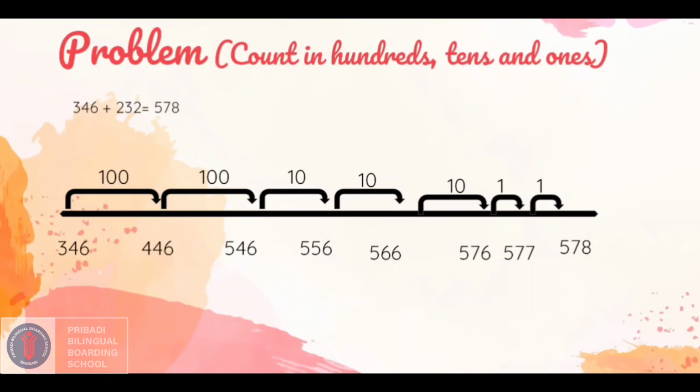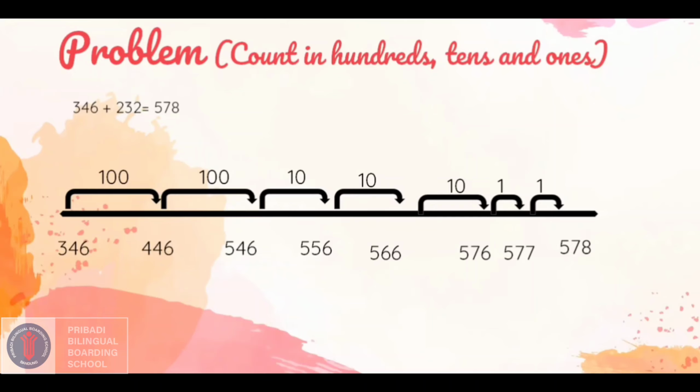Now, as we know that 232 has 2 hundreds, we stop the hundreds here, and then continue with tens. 546 plus 10 equals 556, and then I add 10 again, 566, and then add tens again, and it equals 576.